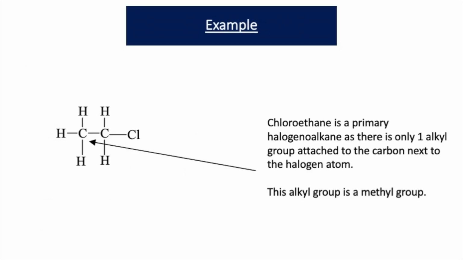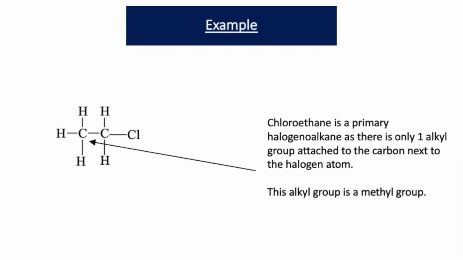So the best way to illustrate this is with an example. So I've drawn here chloroethane, and chloroethane is classed as a primary halogenoalkane because if I look at the carbon next to the halogen, there is one alkyl group, a CH3, attached to this carbon.